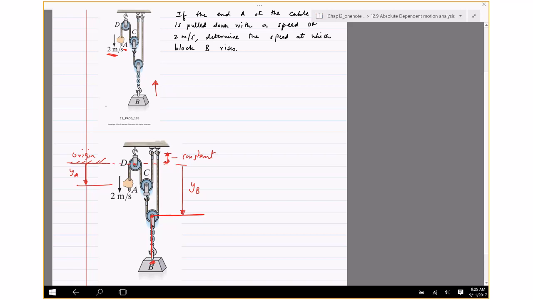Okay, now in that algorithm I showed you, the third step is to define intermediate variables. It could be lengths of strings which are constant, it could be other things. In this case, what I think I would need is to describe the motion of C, because when I try to find the length of the cable, C will invariably show up.